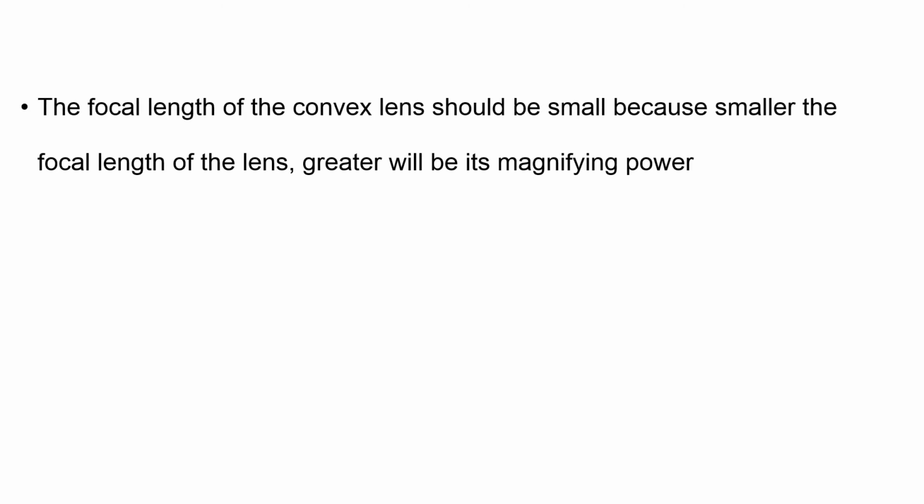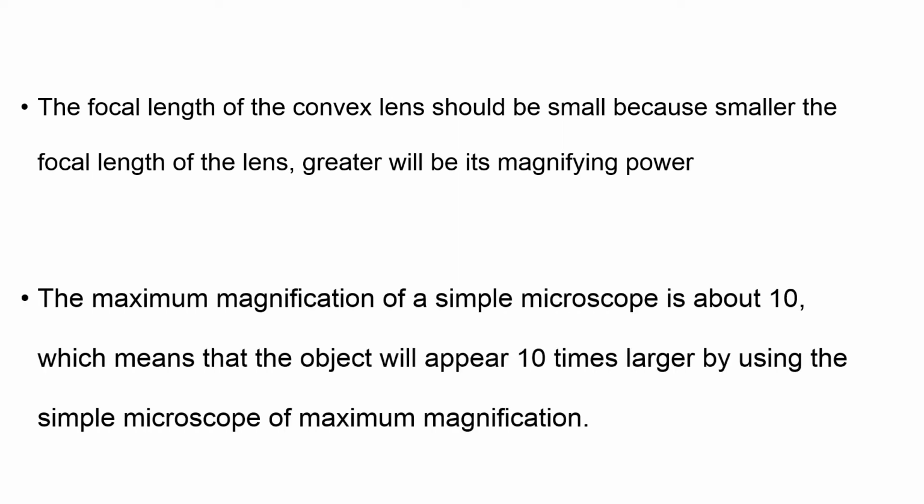As I said, the smaller the focal length, the greater the magnifying power, and the more it is able to increase the size of the object. Usually the magnification of a simple microscope is about 10, which means that it multiplies the size of the object 10 times.